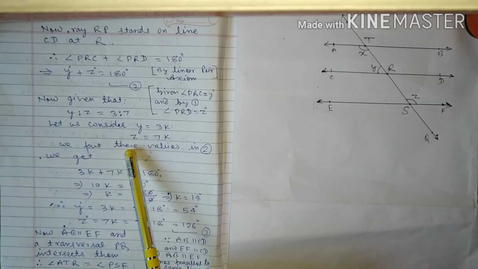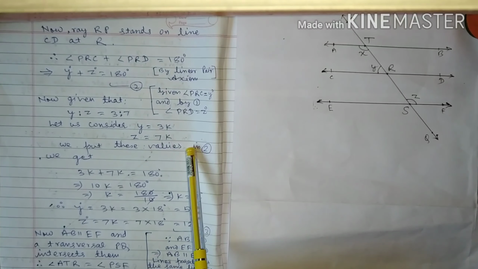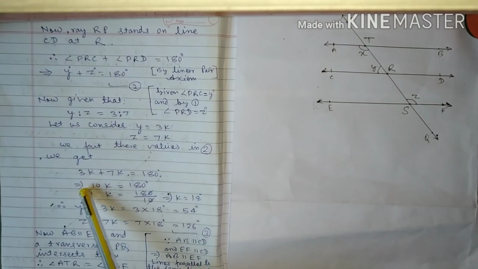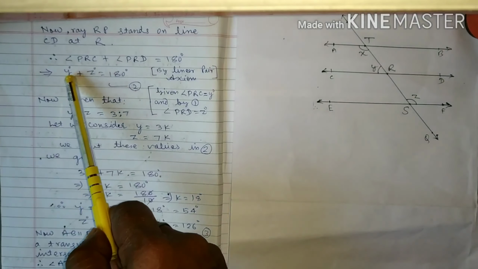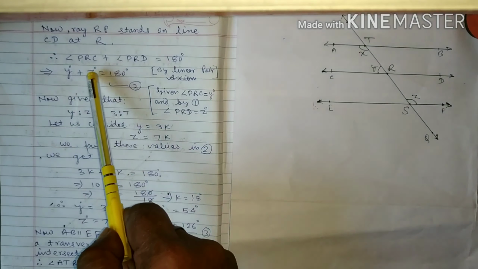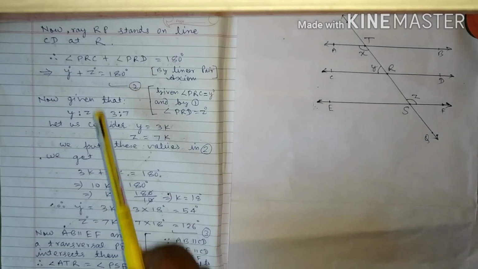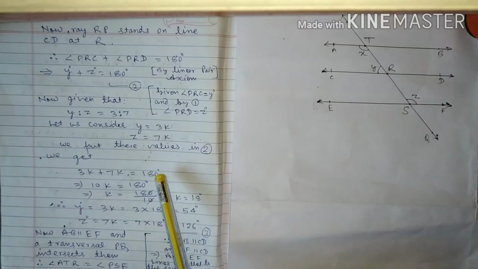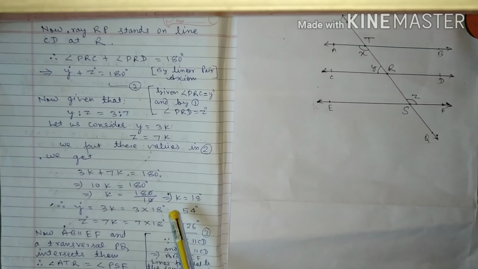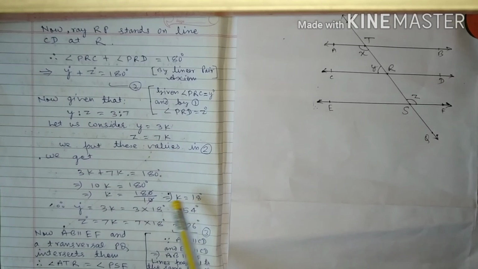We put these values of y and z in equation 2. We get 3k, value of y, and 7k, value of z, equals 180 degrees. 3k plus 7k, 10k, is equal to 180 degrees, k is equal to 180 by 10, 0 and 0 cancel, k is equal to 18 degrees.